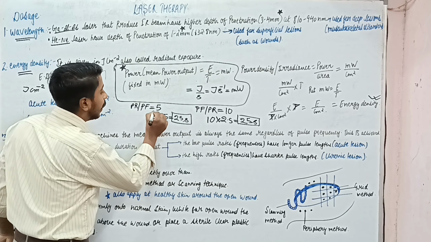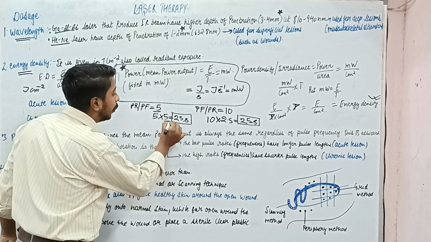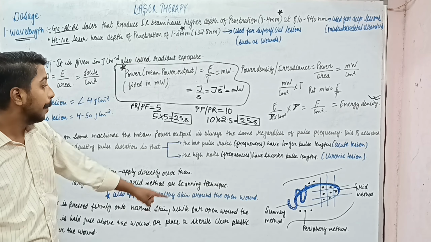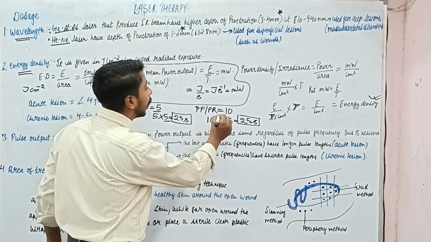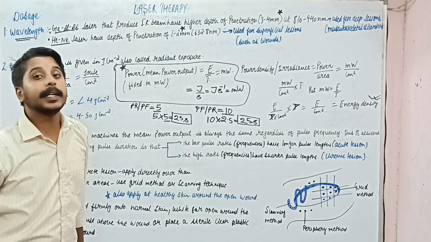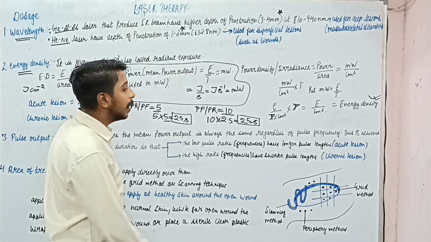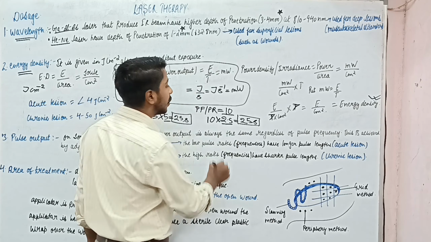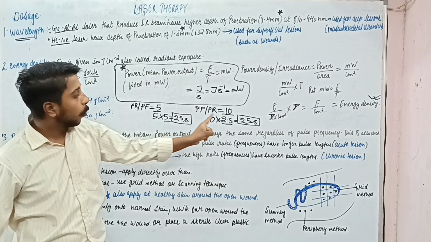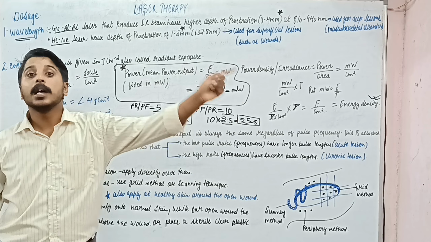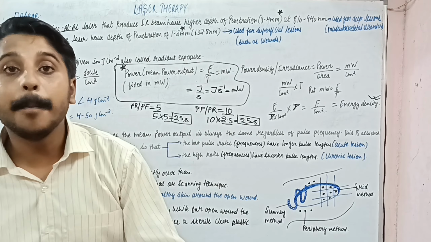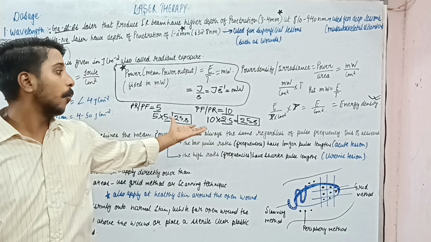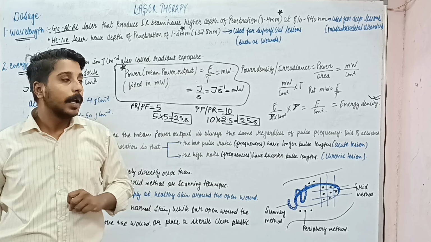Okay, so it was 5 seconds and the duration was also 5 seconds. But for high pulse rate, that is 10 pulse rate or pulse frequency, the duration will become small, that is 2.5, so that the total time for which the laser beam is coming is the same. Okay, so that is what I want to explain.